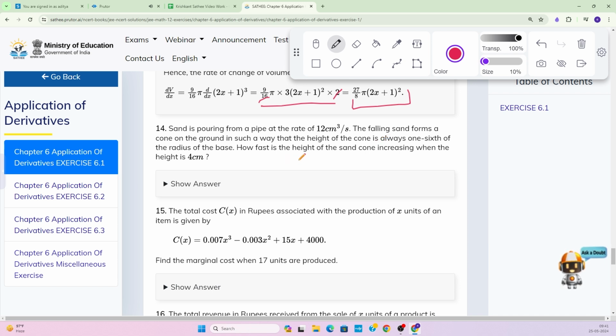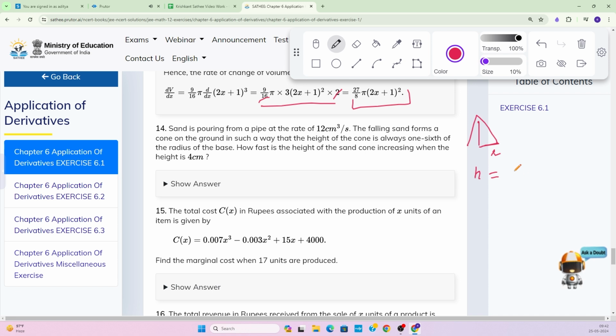So the sand is falling in this manner, and the falling sand makes a relation with the height of the cone. That the height of the cone is always 1/6 of the radius of the base. So whatever the height of the cone, which is h, this will be 1/6 of the radius, so r.